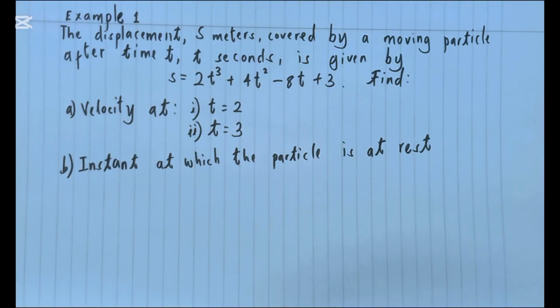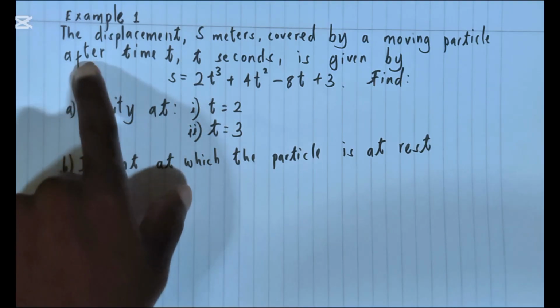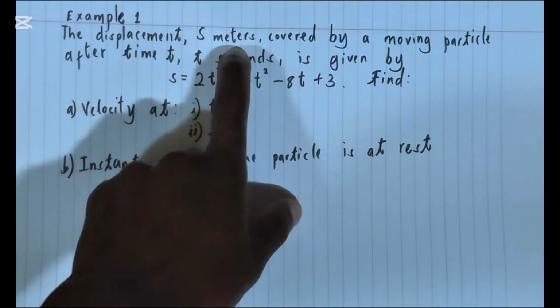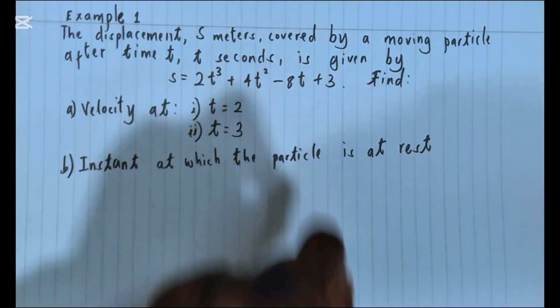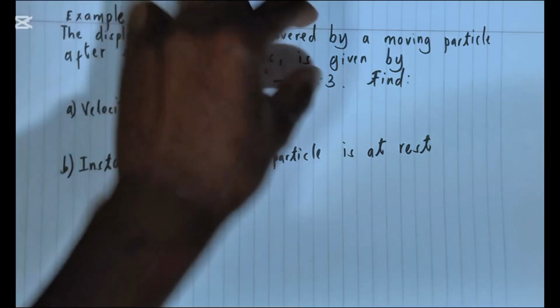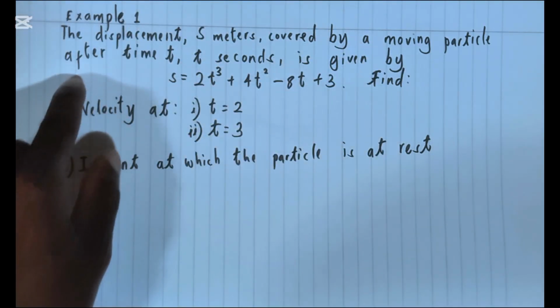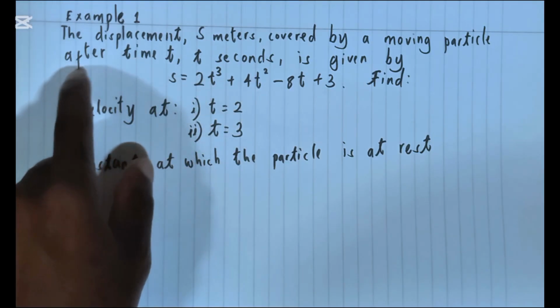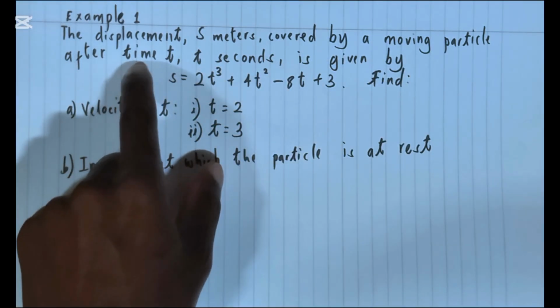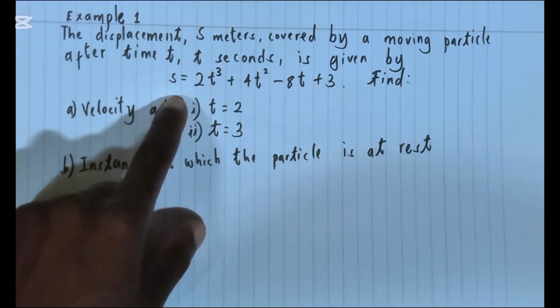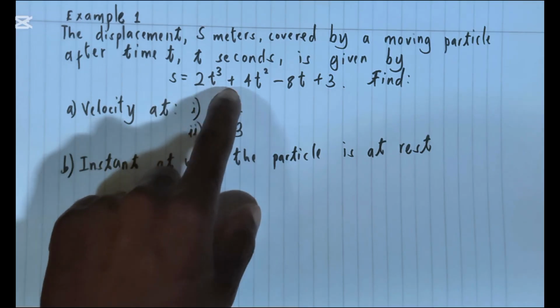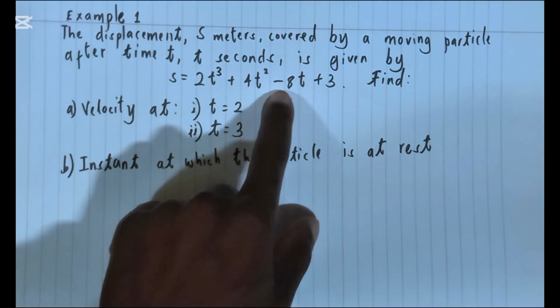We are first going to handle this example that looks at how to solve problems related to velocity. The displacement s meters covered by a moving particle after time t, that is in t seconds, is given by s equals t cubed plus 4t squared minus 8t plus 3.